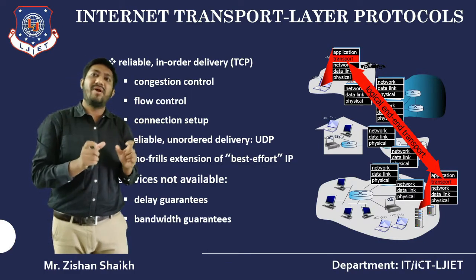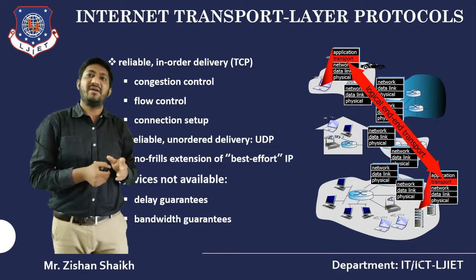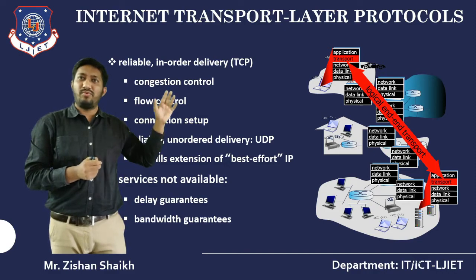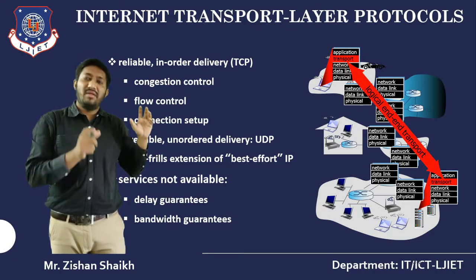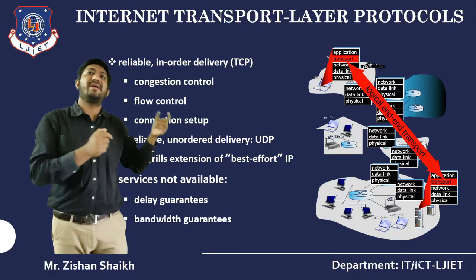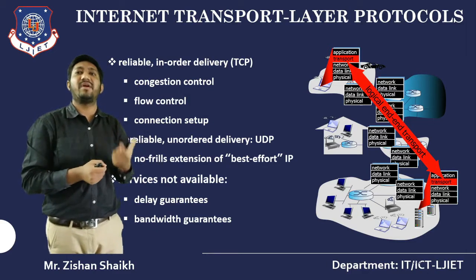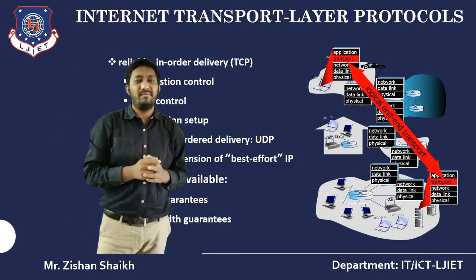It provides in-order delivery: in whichever order you transfer the data, in the same order the receiver receives the data. It also provides congestion control and flow control. Now, how is the data sent to the receiver? For that, it establishes one connection. So for reliable delivery, we perform the handshaking process.